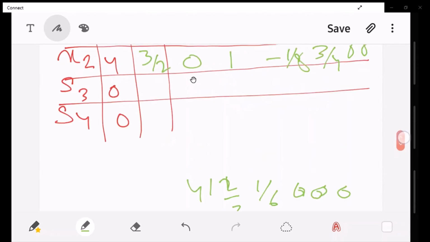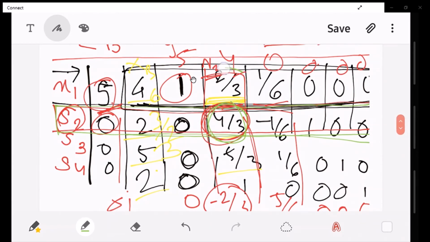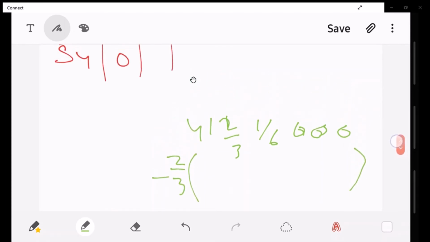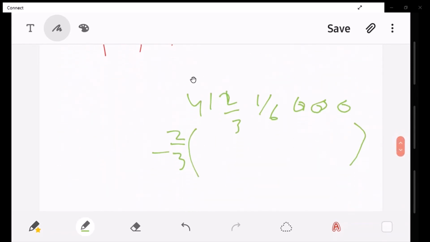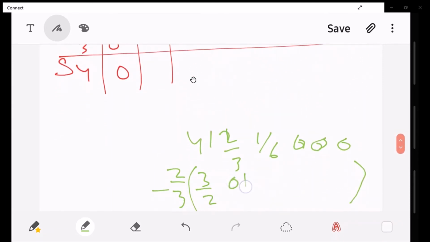minus what is the coefficient of the entering variable, 2 by 3, multiplied with the pivot row that we have written now, that is this thing, 3 by 2, 0, 1, minus 1 by 8, then 3 by 4, and then 2 zeros.